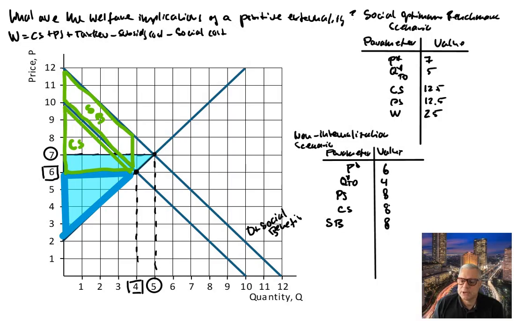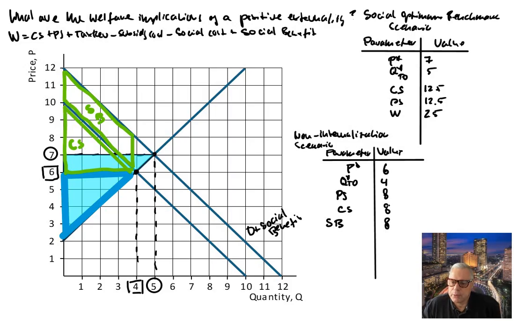But now what we need to do is we also need to add the social benefit from a positive externality. So plus social benefit from positive externalities. So this is what welfare is. We started out saying it is consumer surplus plus producer surplus plus tax revenues minus subsidy cost. Then we subtracted the cost from a negative externality, and now we add the benefit from a positive externality.